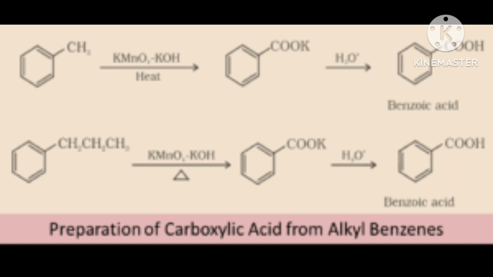But here I am telling you that this RCN is first converted to amide, and amide on hydrolysis, and you have to heat it also, will convert to acid, RCOOH. I told you R was the alkyl group attached to the CN. But if R is CH3, then it will become CH3CONH2.